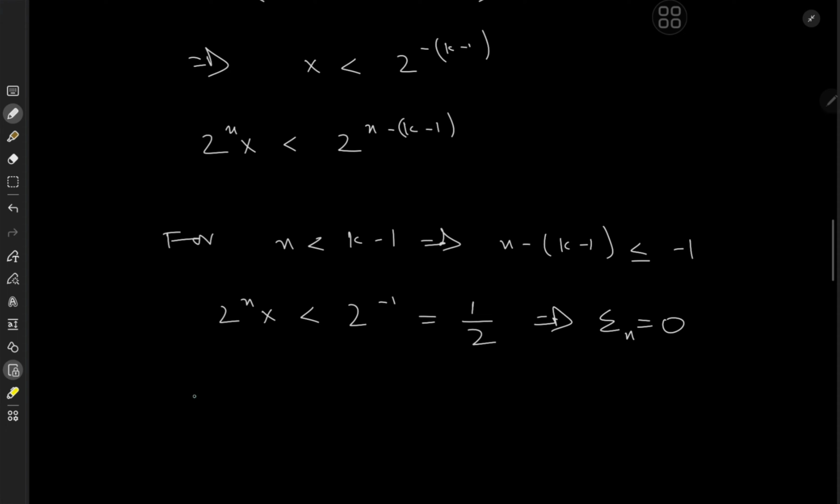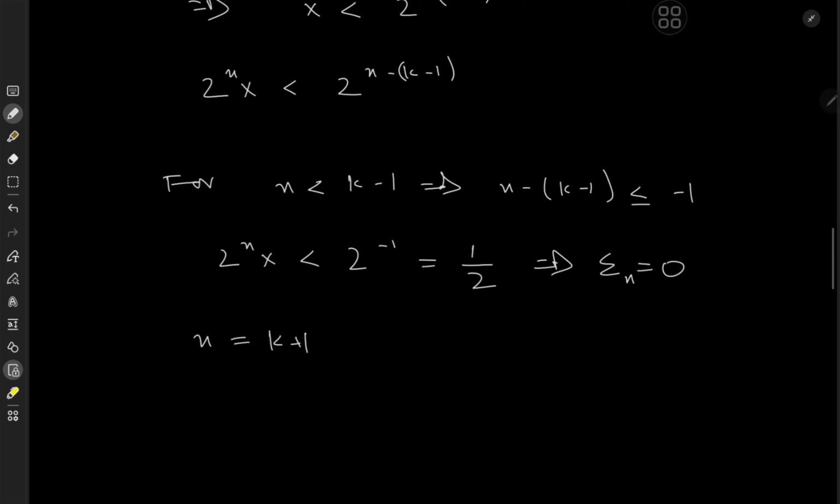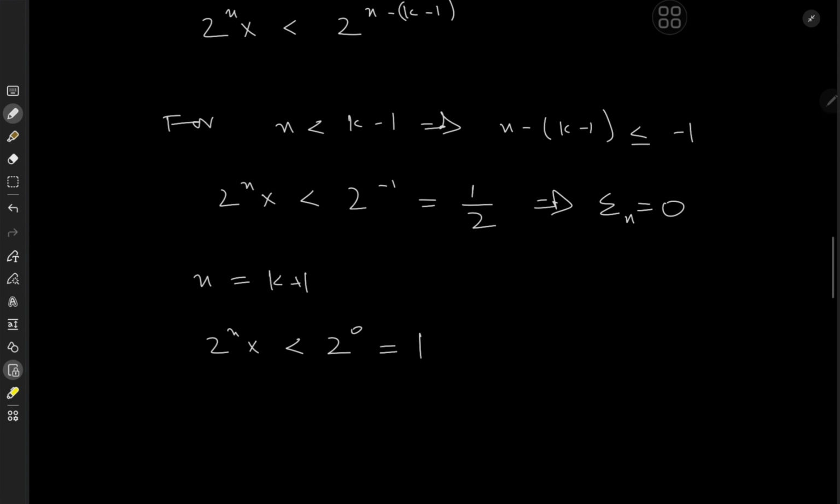And what about for the case of n being equal to k plus 1? Or n minus k minus 1 being equal to 0? Well, 2 to the n times x would be less than 2 to the 0, which is 1. But we do know that it's going to be greater than 1/2, because the only case where you get less than 1/2 is if you let n be less than k minus 1.